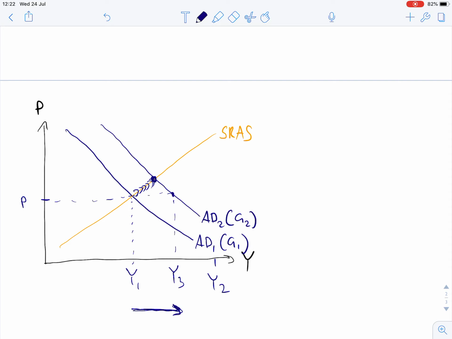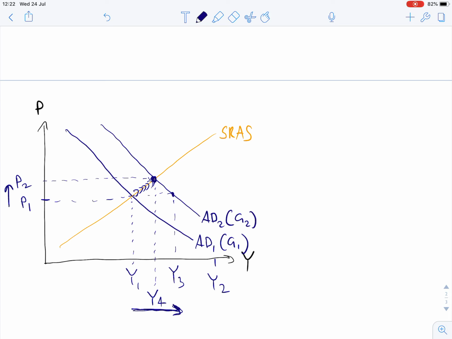So there's pressure to move from Y1 to Y3. Some of that is offset by the upward pressure on prices, and we now only arrive at Y4. And at Y4, we have a new price level in the economy, P2. We went from P1 to P2.